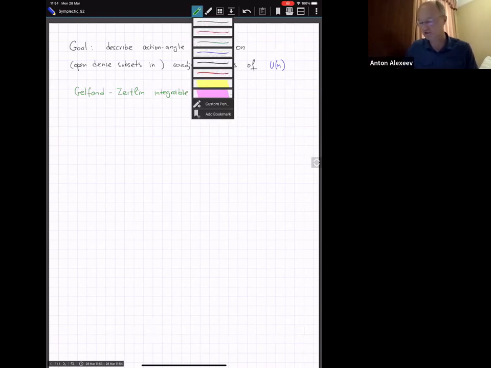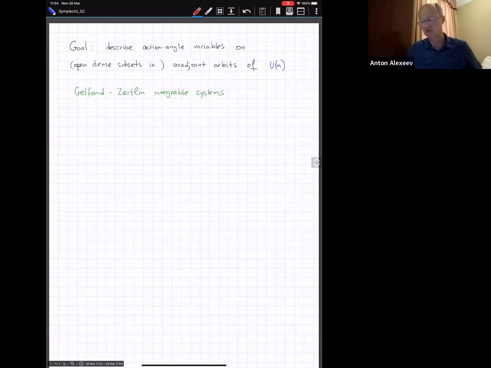So we give here the spelling in Latin alphabet, but the name of Zeitlin has many spellings, and I guess one of the reasons is the fact that the spelling in Cyrillic has this letter ts, which can be whatever.